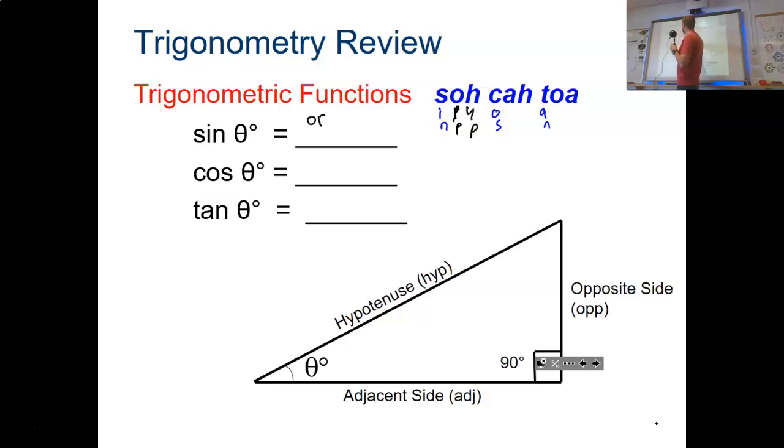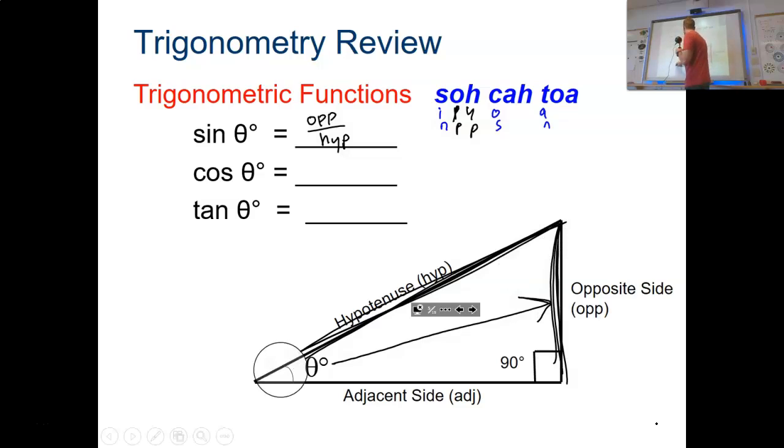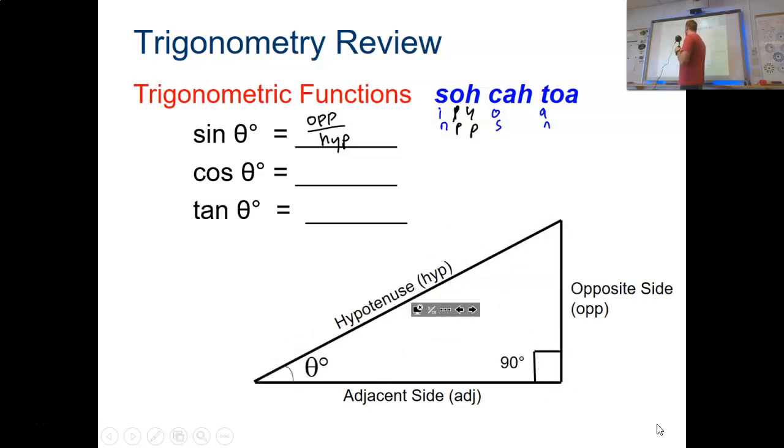Sine is the opposite divided by the hypotenuse. So for instance, here's theta. The opposite is going to be the one all the way across. And the hypotenuse is the longest side of the triangle. Cosine is the adjacent over the hypotenuse.